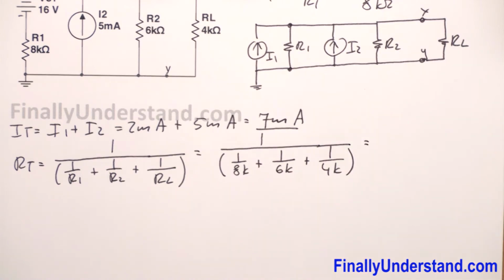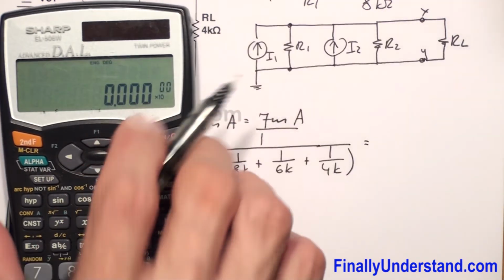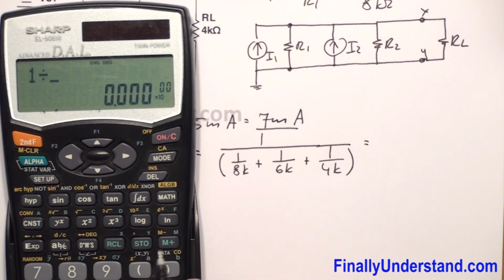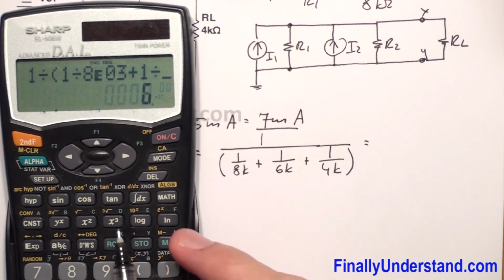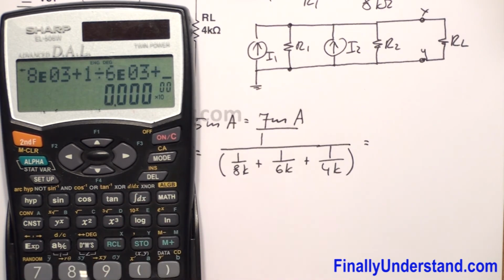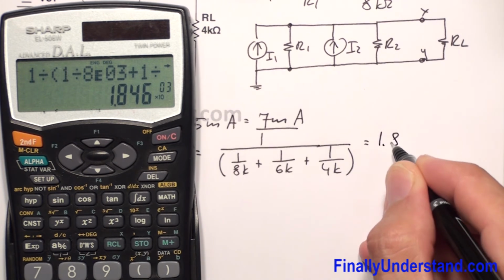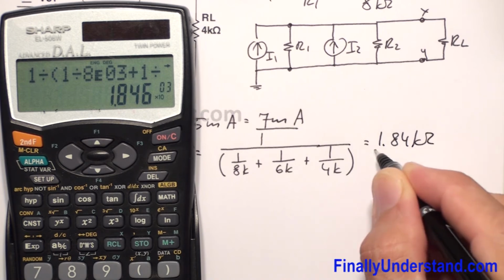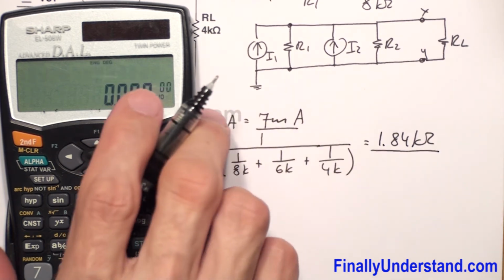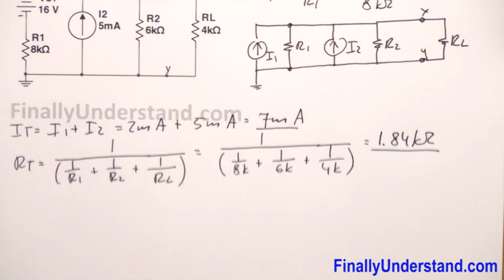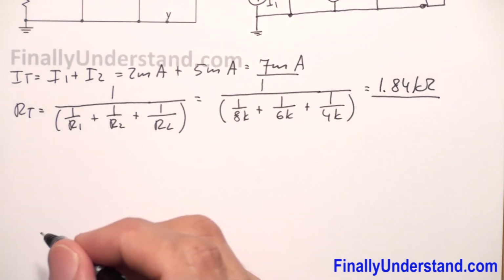This is equal to 1 divided by, open parenthesis, 1 divided by 8 exponent 3 plus 1 divided by 6 exponent 3 plus 1 divided by 4 exponent 3, close parenthesis, equals 1.84 kilo ohms. So this is my total resistance.